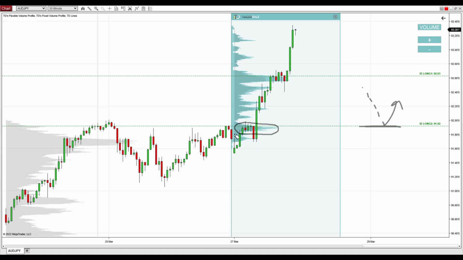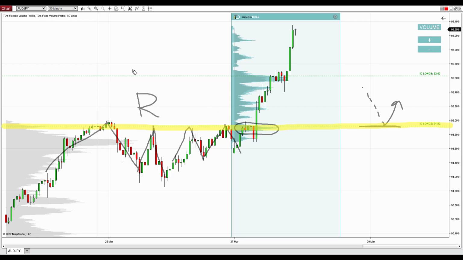Now, the volumes in here are not the only reason why I like this level. If you look at how the price reacted to this area in the past, you can see that there were very nice reactions. In here, in here, in here, and in here. This means that this zone worked as a strong resistance in the past.